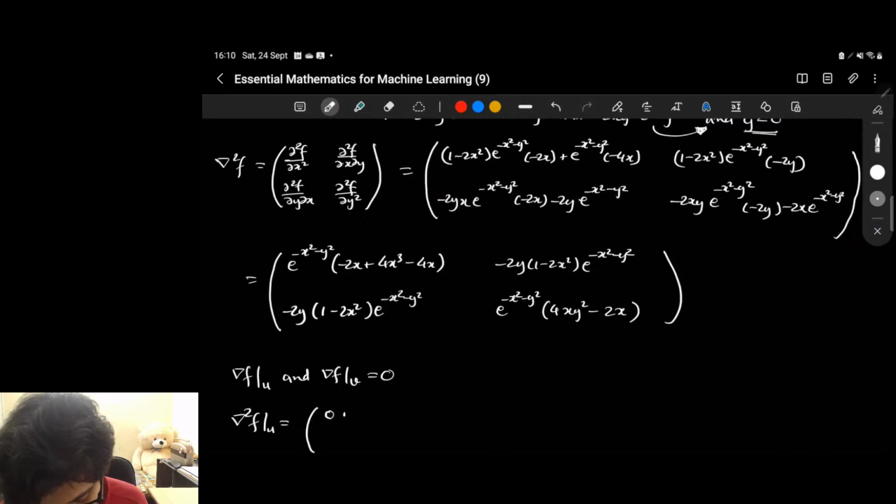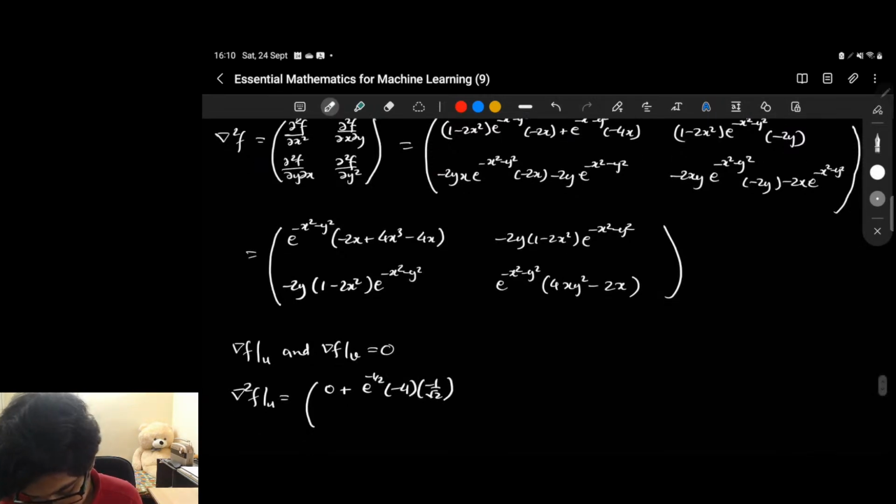So this is 0 plus e to the power minus 1 by 2, because x is negative 1 over root 2 and y is 0, and this is minus 4 times x, which is minus 1 over root 2. So this is the first term in the matrix.